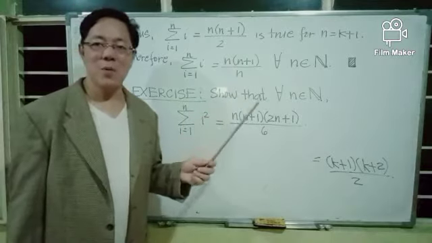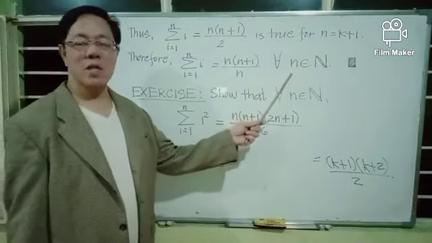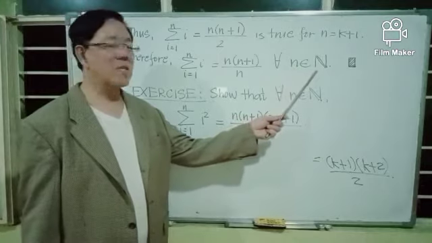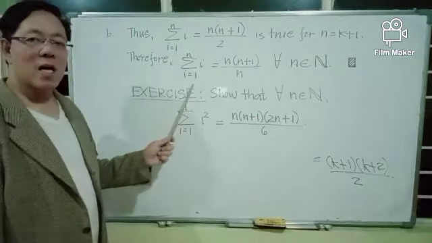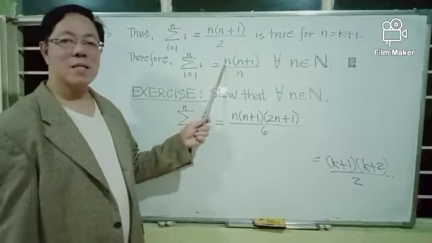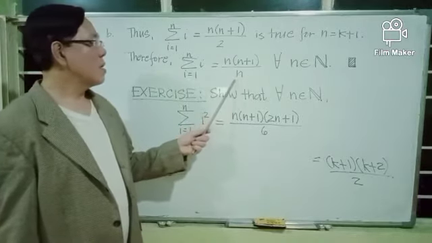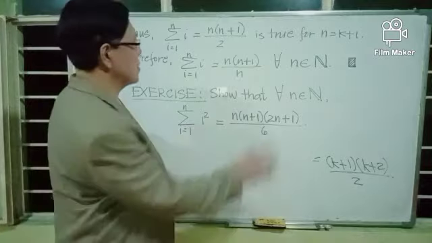Therefore, in general, we conclude that for every natural number n, element of the set of natural numbers, the summation of i for i is 1 to n is equal to n times quantity n plus 1 all over 2.